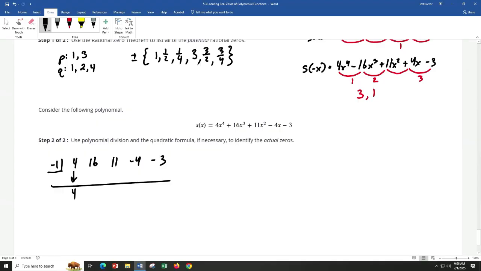I love my freebie. 4 times -1 is -4. 16 minus 4 gives me 12. 12 times -1 gives me -12. That ends up being -1. -1 times -1 gives me a 1. -4 minus 1 gives me -3. And -3 times -1 gives me +3, which is what I was looking for.